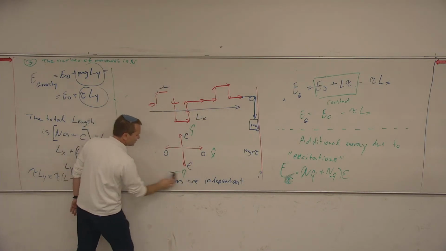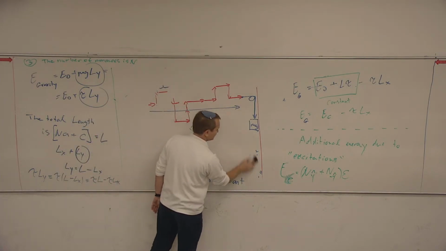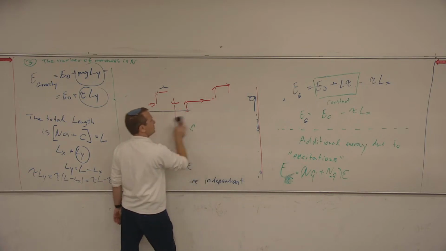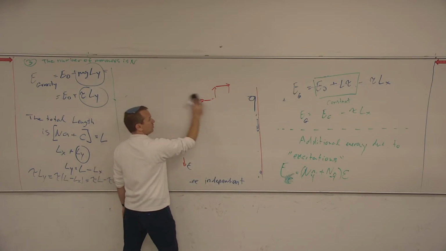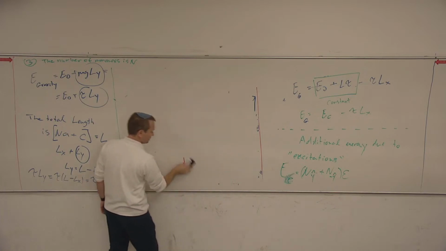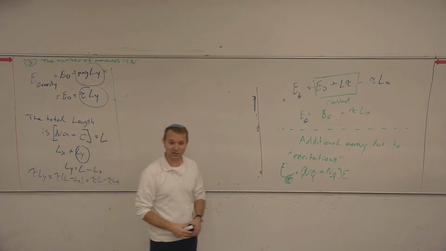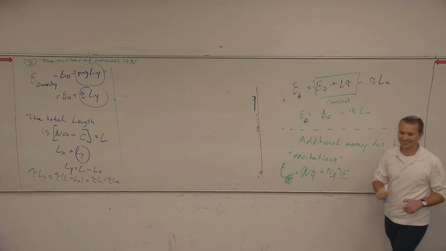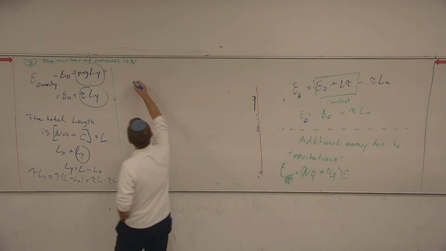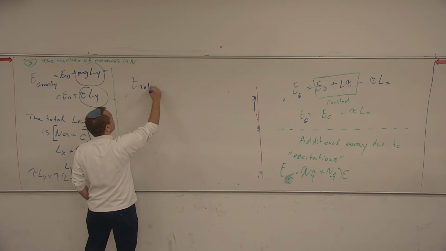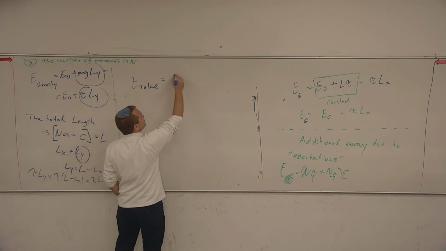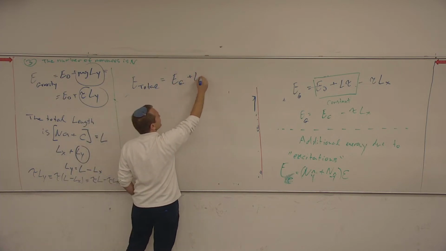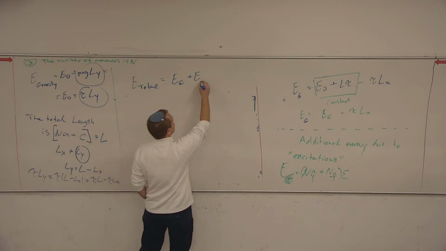Do I have any additional energies in my system? No? Are you sure? There are no additional terms in my energy. So E total equals EG plus E excitations.